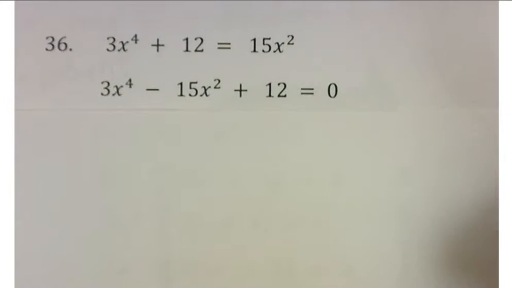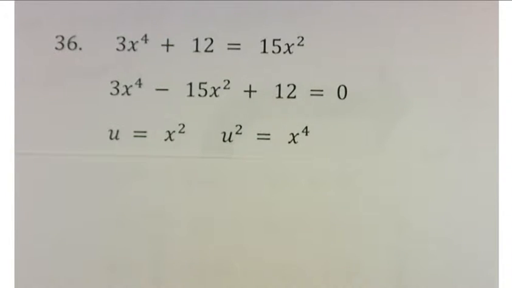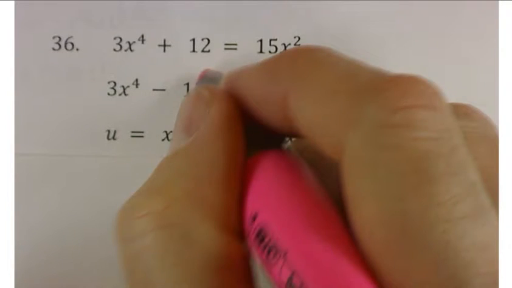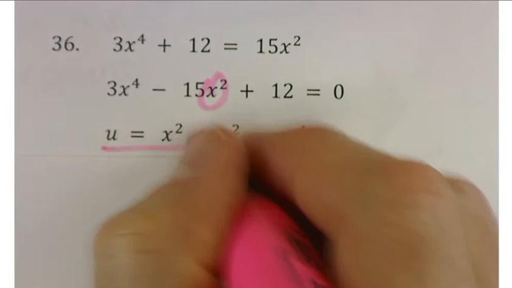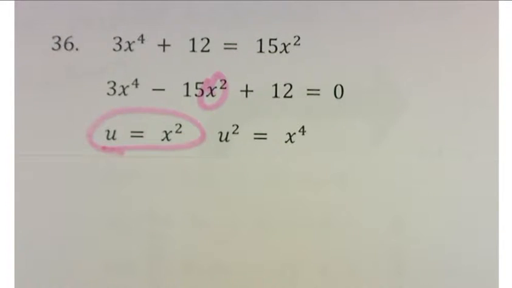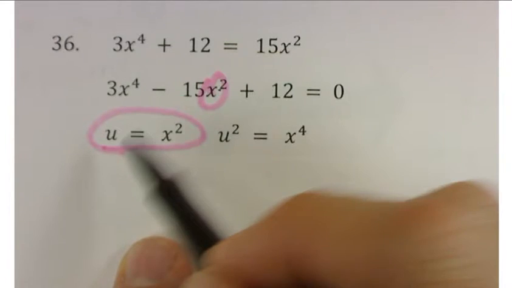Now, our trick in solving this is we're going to make a little substitution. We're going to let u equal the middle variable term. Just that little piece, just the x squared. Nothing with the 15, nothing with the coefficient. It's just the x squared, so right here. Now what I'm going to do is replace this by u.